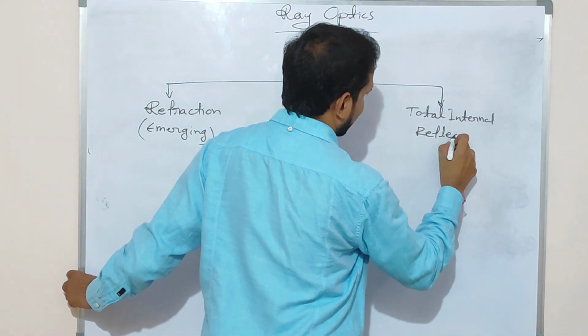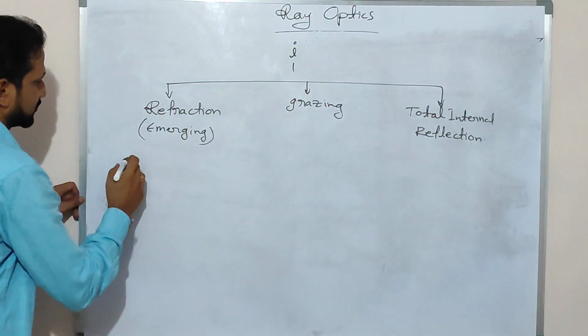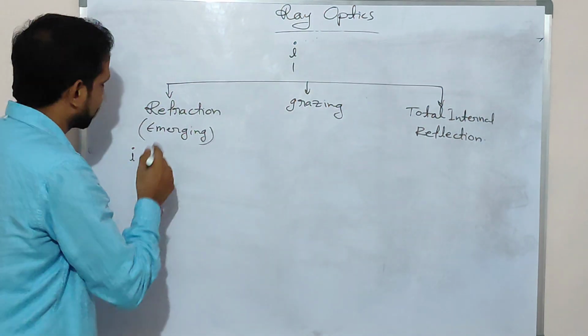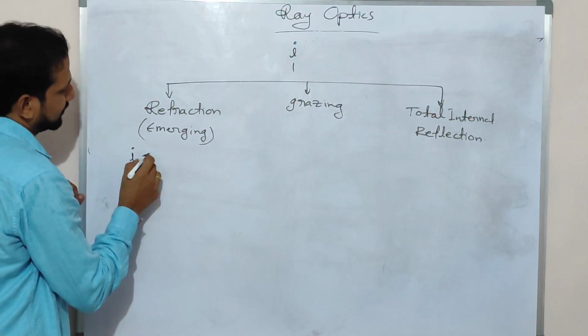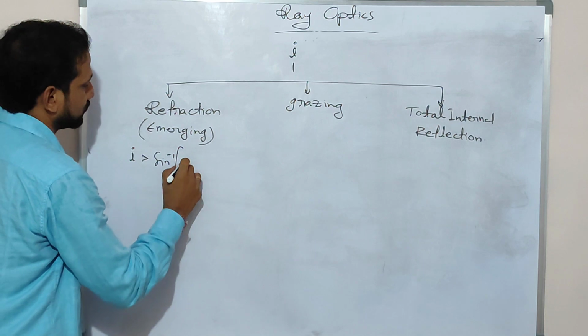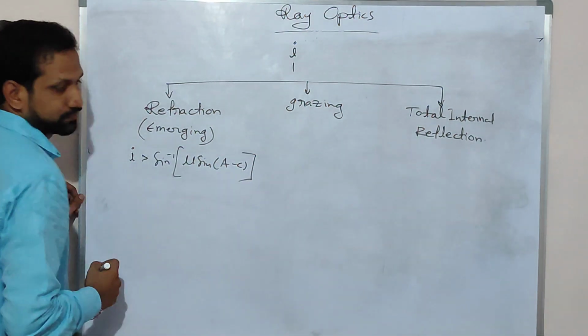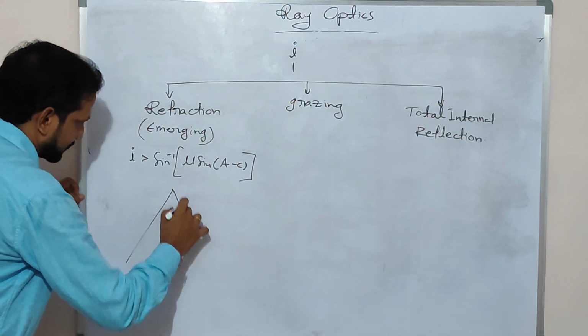The condition for the first case: if the angle of incidence at the AB face is greater than sine inverse of mu sin (A minus C), then the situation will be like this.